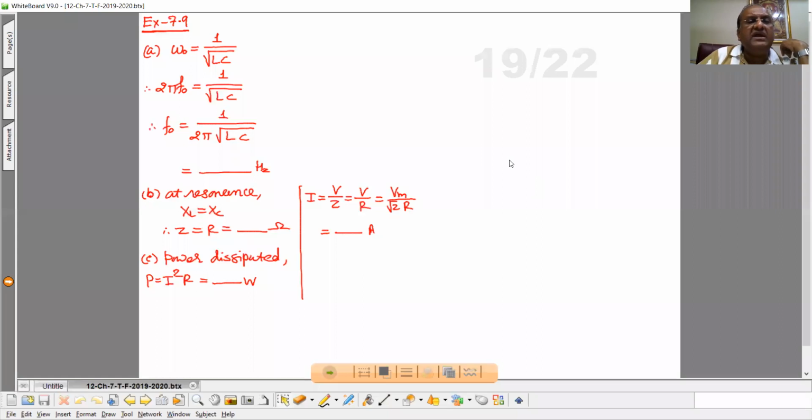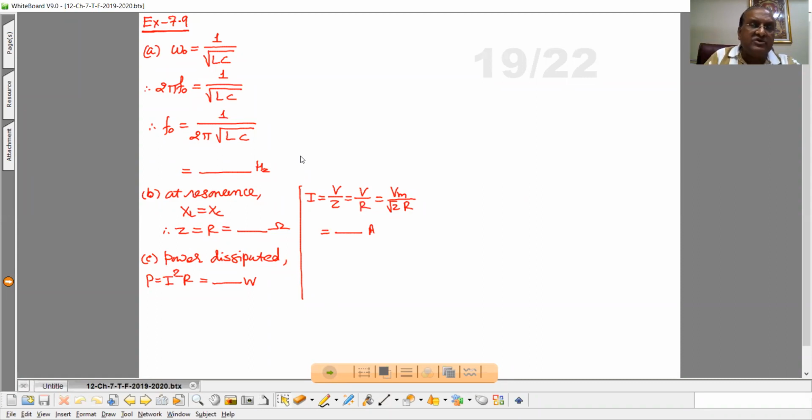As per that we can write 2 pi f0, that is 1 upon root LC. So resonant frequency f0, that is 1 upon 2 pi root LC. Now here substitute all the values, the values of L and C that we have to take from the previous example, and then calculate it. You will get resonant frequency.